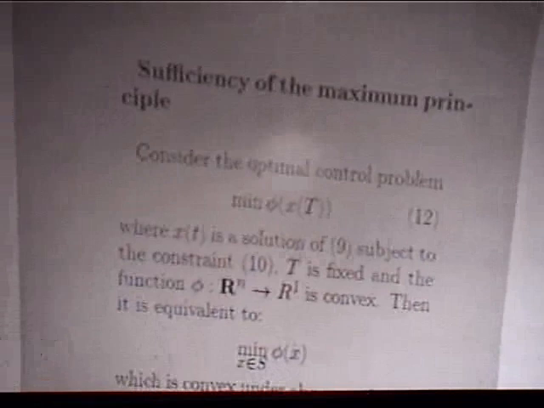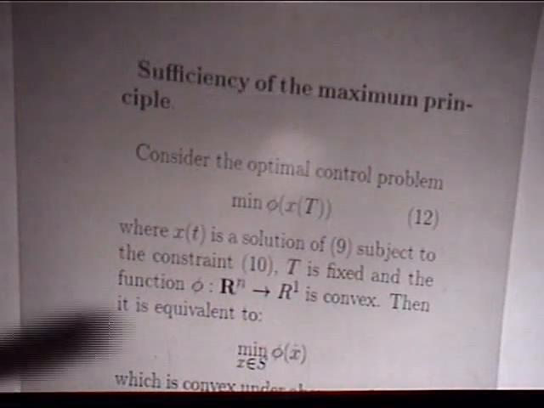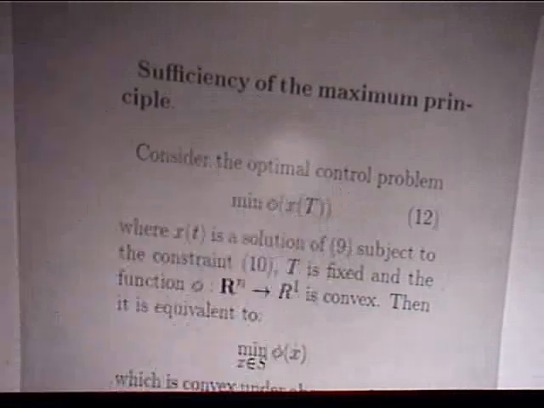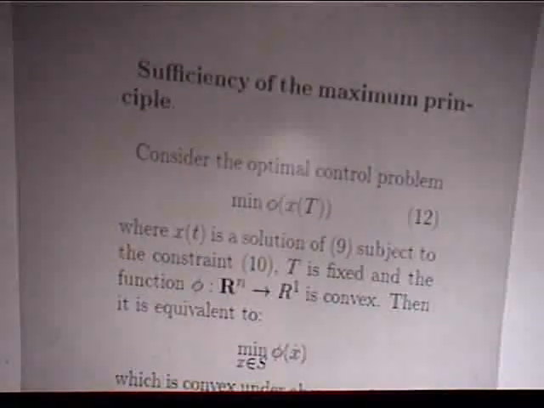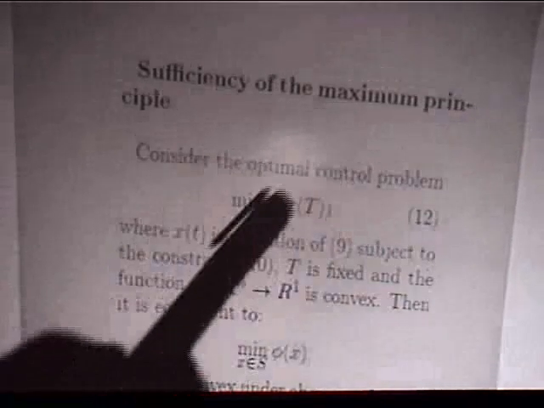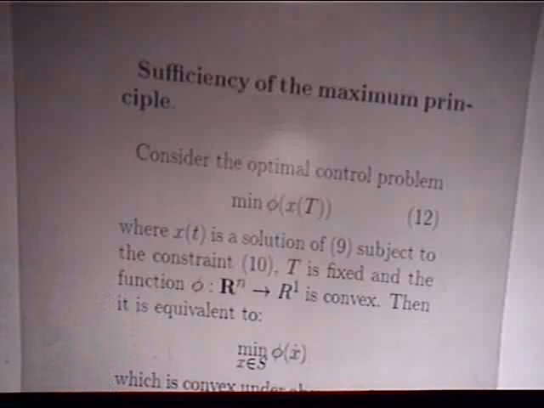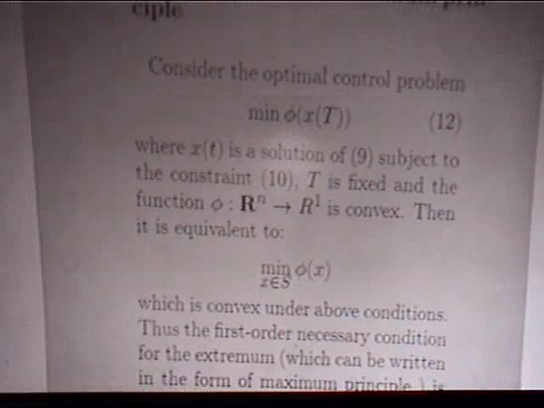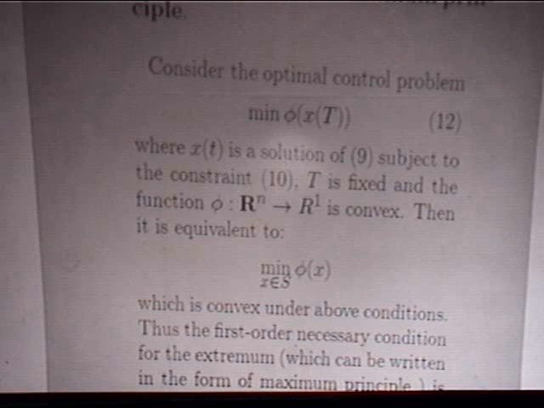For instance, if we have some optimal control problem of this form, minimization of some terminal term, and if this function is convex, for instance linear, then actually, in this case, it can be converted into a finite dimensional optimization problem for these images, and for convex optimization problems, we know that necessary and sufficient conditions are the same.